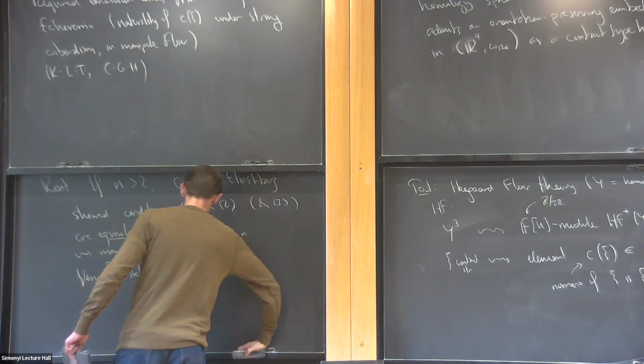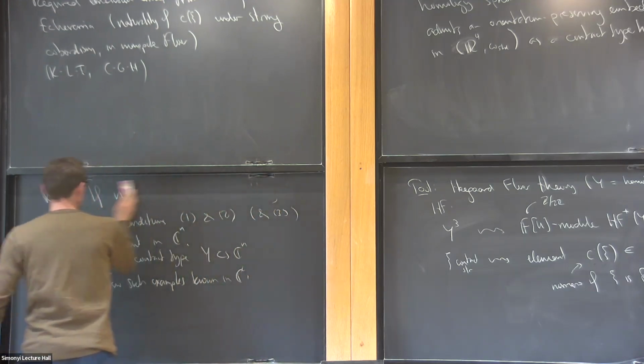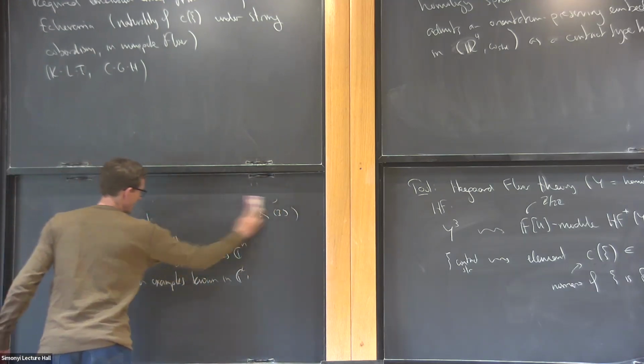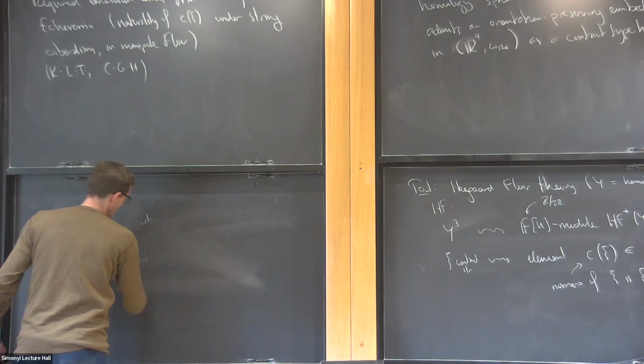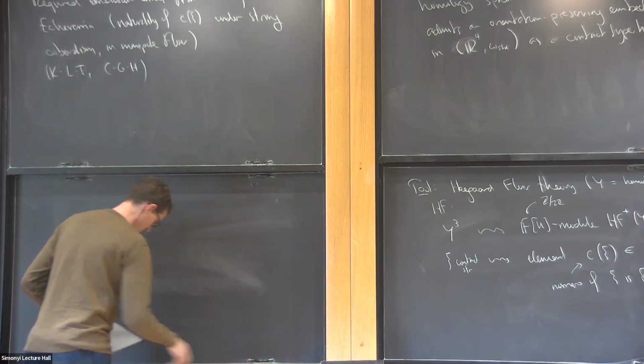I'm just going to tell you that this obstruction is enough to get what we want for Brieskorn spheres.